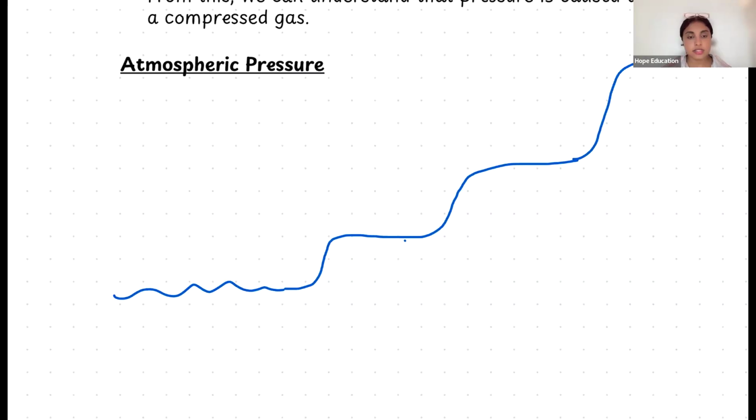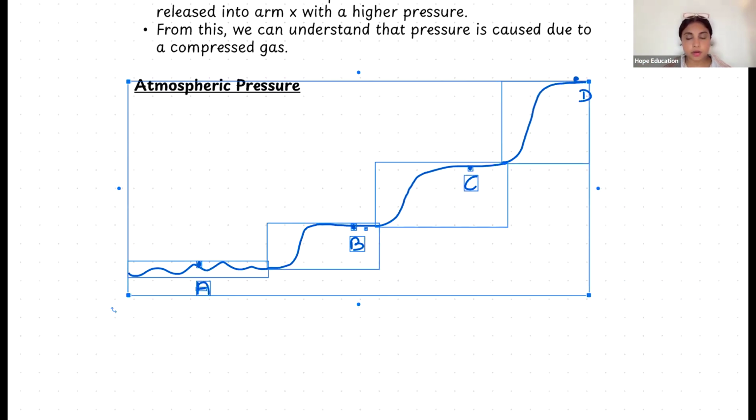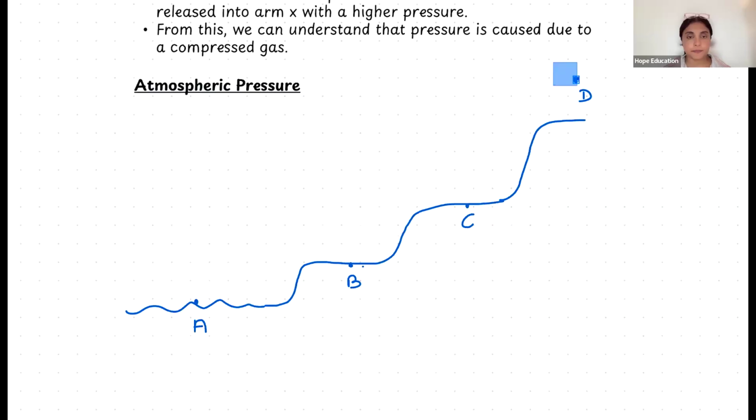This is sea level, A. This is like Colombo or Gampaha, B. This is like up country, like Nuwara Eliya or the hilly area, C. And D is somewhere like Mount Everest, where the altitude is very, very high. Note this down, but don't draw it.